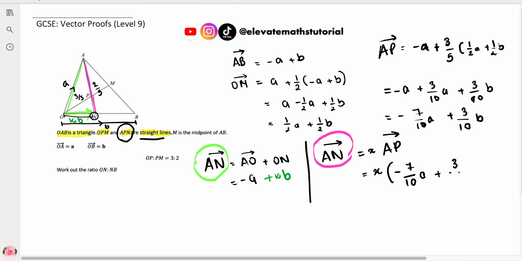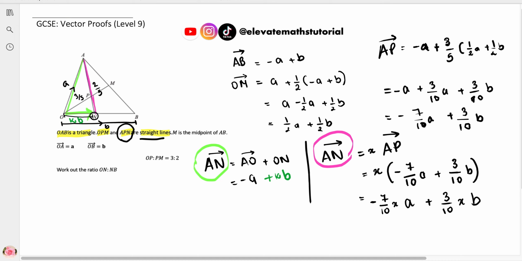plus 3/10 of b. These two vectors, we found two different ways to get to the endpoint, which means they're both the same. The pink and green path leads us to the same destination. They're the same vectors, which means, expanding the brackets here, x is just a number of vector a, and 3/10 of xb.